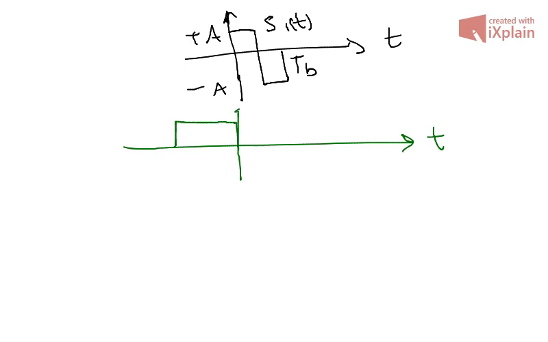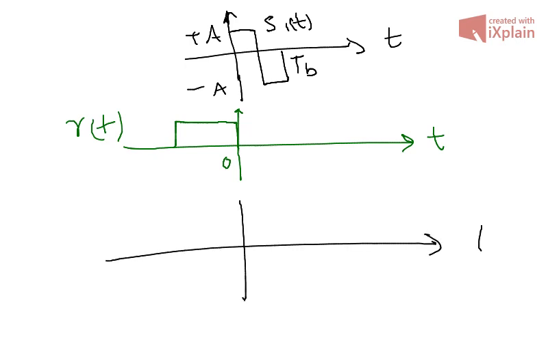This is our R of t at time instant t, and we would like to plot this product. We would like to plot R1 here, the output of the second correlator, or the output of the second branch.